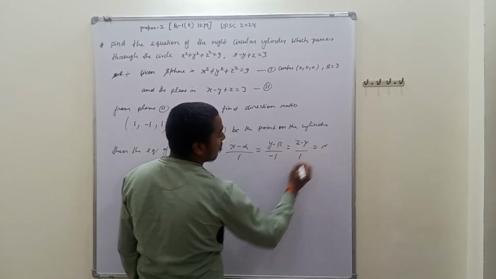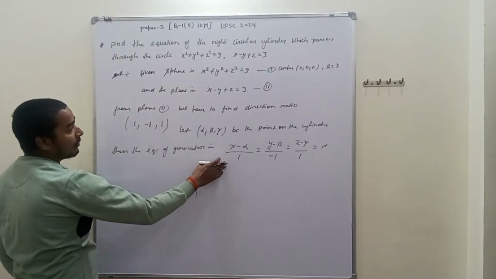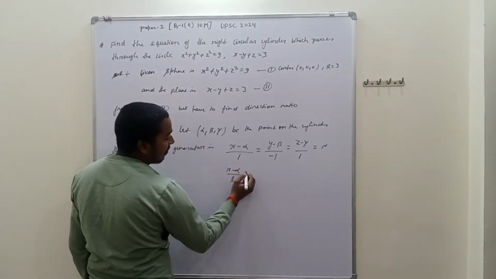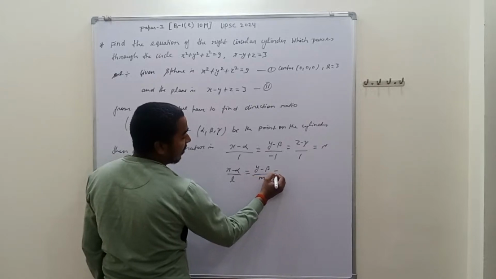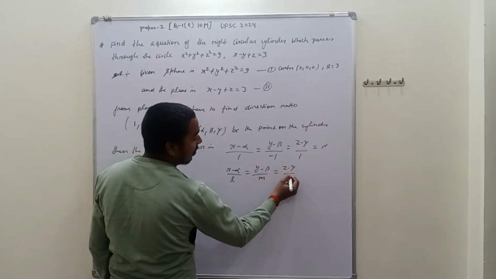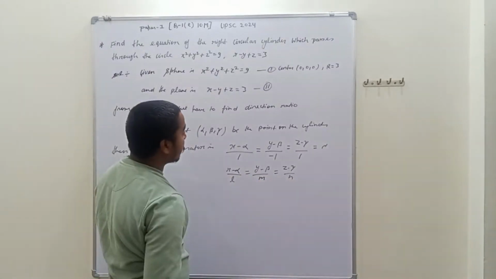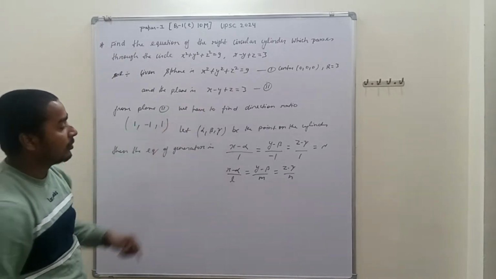Let this be equal to lambda. We know the formula x minus alpha upon l and y minus beta upon m and z minus gamma upon n.